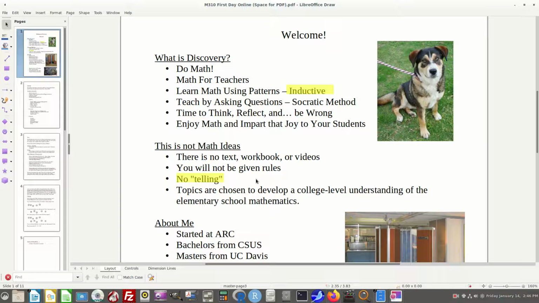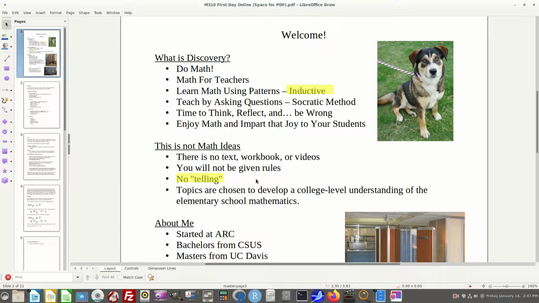Similarly, in a Math Ideas course, in a Math 300 course, topics are chosen for a very different reason than they're chosen in Math 310. In Math 300, I choose topics basically as a capstone course for students who will become good citizens. So we talk about mortgages, we talk about fair division, we talk about statistics and probability.